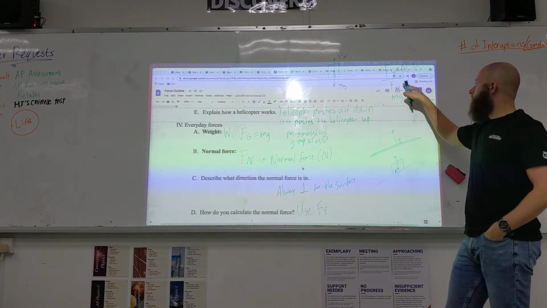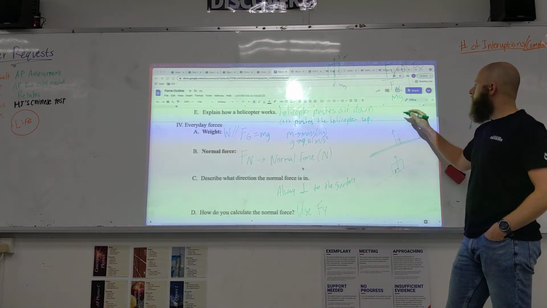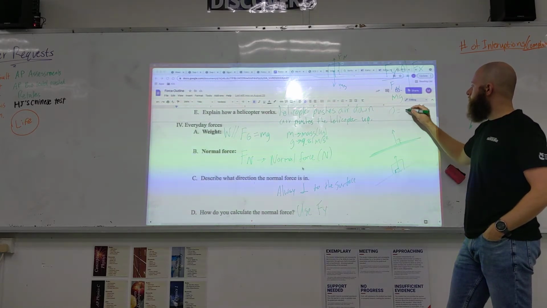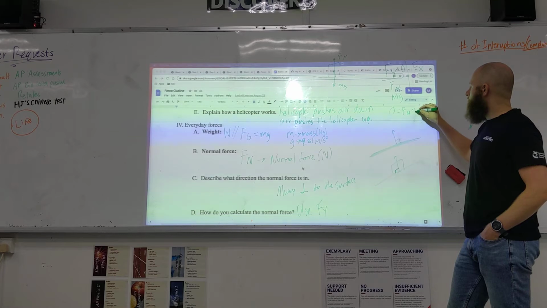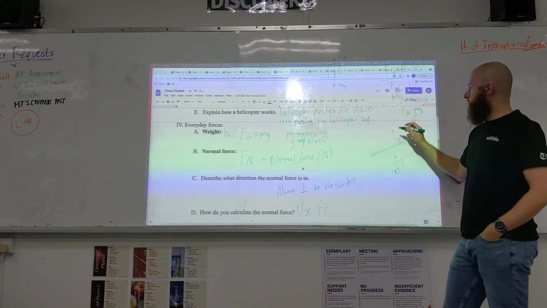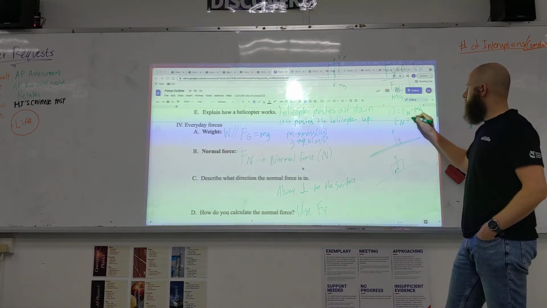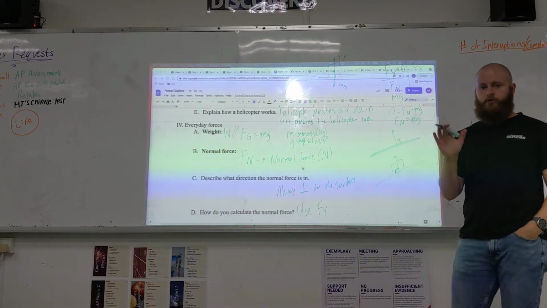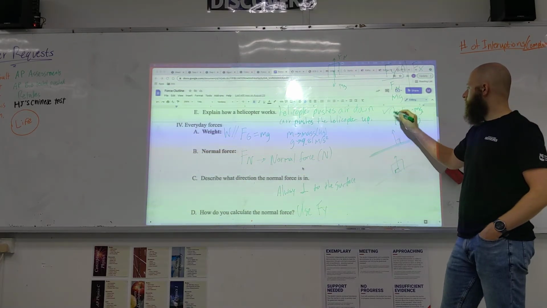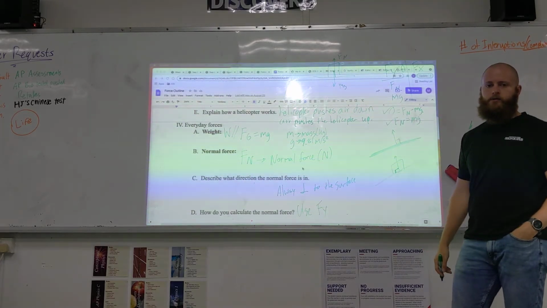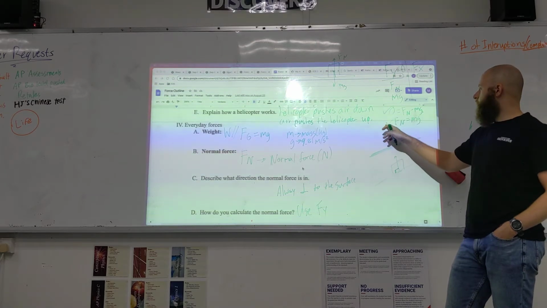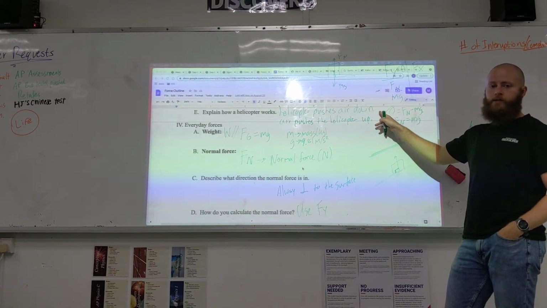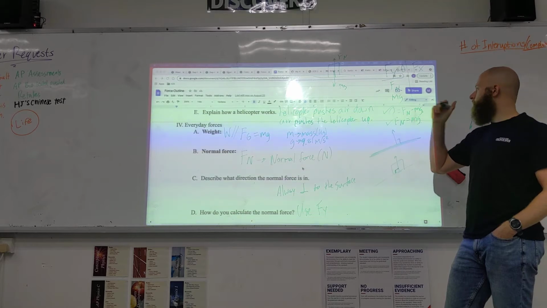So then I know that these two things are equal to each other. So you can do 0 equals Fn minus mg, or you can skip straight to Fn equals mg. Okay? So those are your two options. Either one of these would be counted on the AP test. Okay? So you can either skip straight to here, or you can go ahead and write this intermediate step.